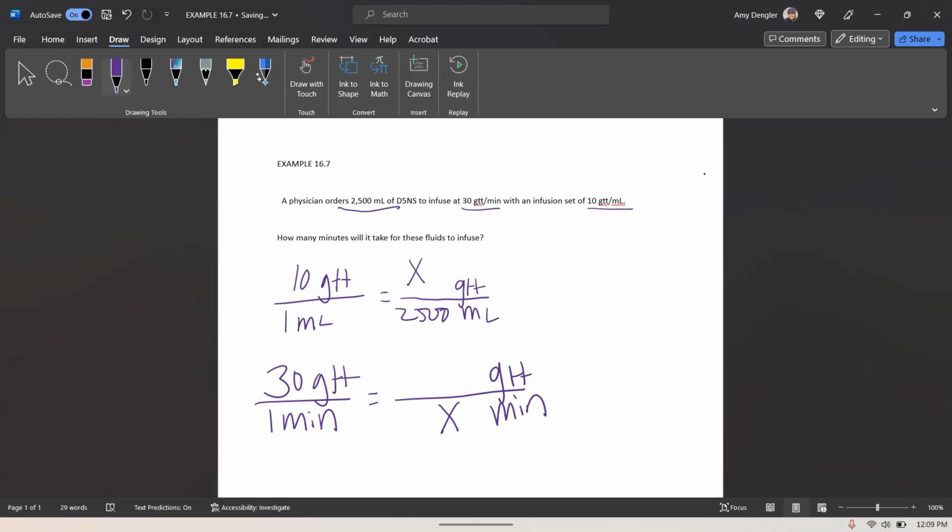So what I need to do is find out how many drops that 2,500 ml is, so I can plug that in down here.